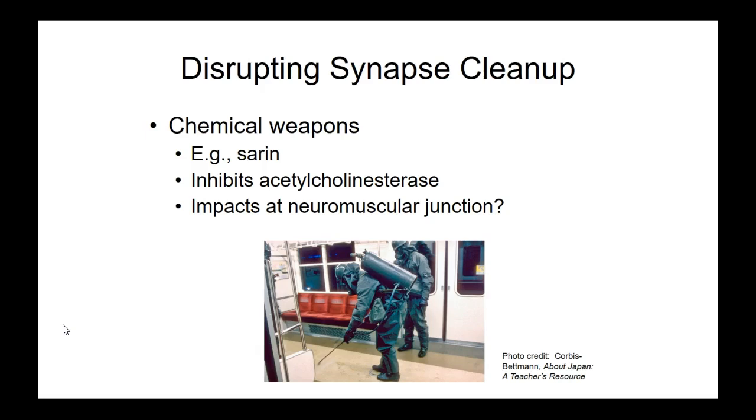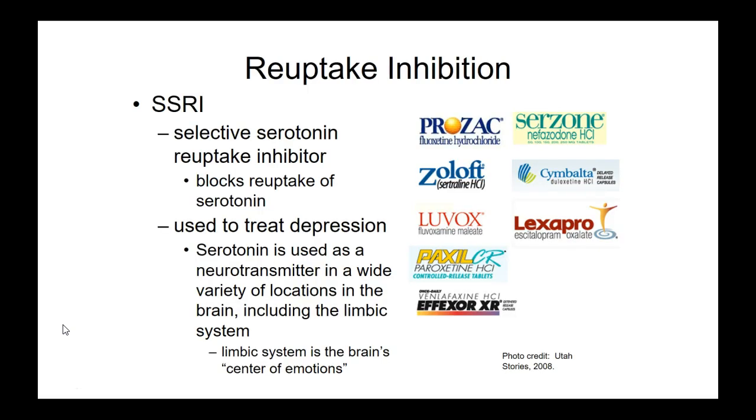There's other ones out there. Sarin's only one example. All right, so you probably have heard of some of these. How many folks have seen some of these? Right, so Prozac, Sarafem, Zoloft, Cymbalta, Luvox, Lexapro, Paxil, right? So a lot of these, they're inhibiting serotonin reuptake.